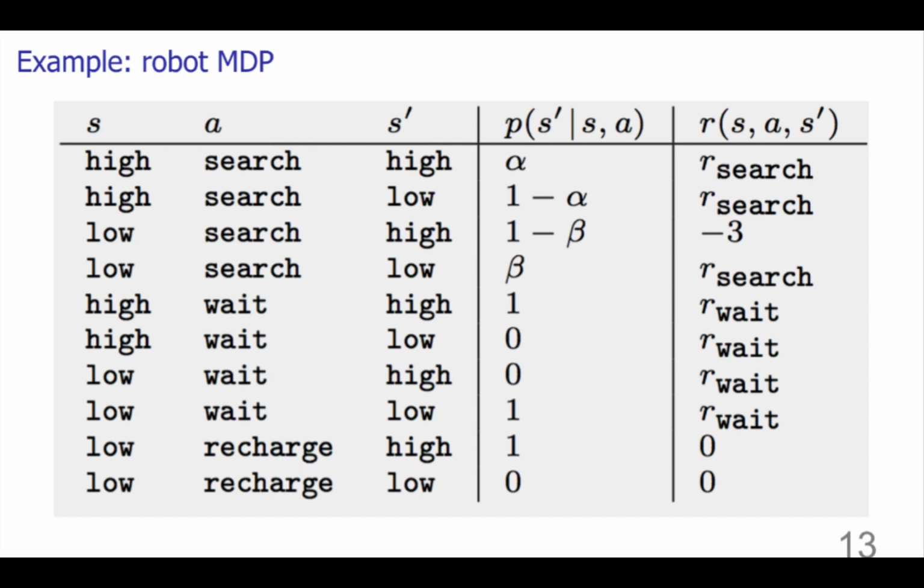You can assign some value, because the entity responsible for providing rewards is a domain expert or the environment itself. Let's see another example. The probability of getting next state high given the current state low and the current action recharge is 1, and its corresponding reward is set to be 0.